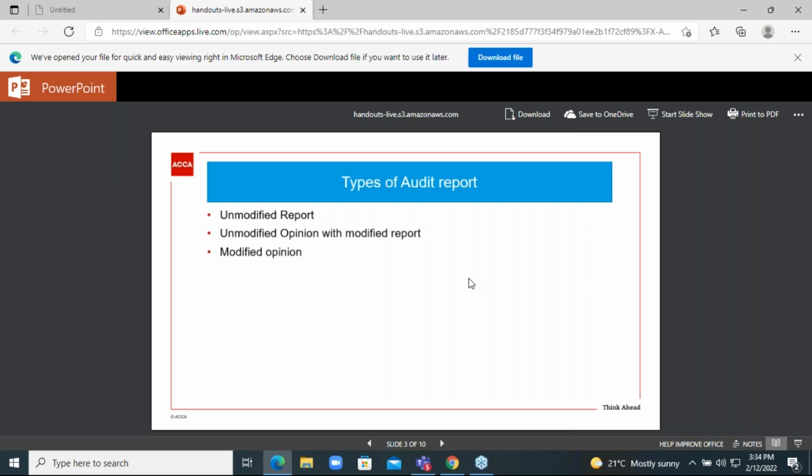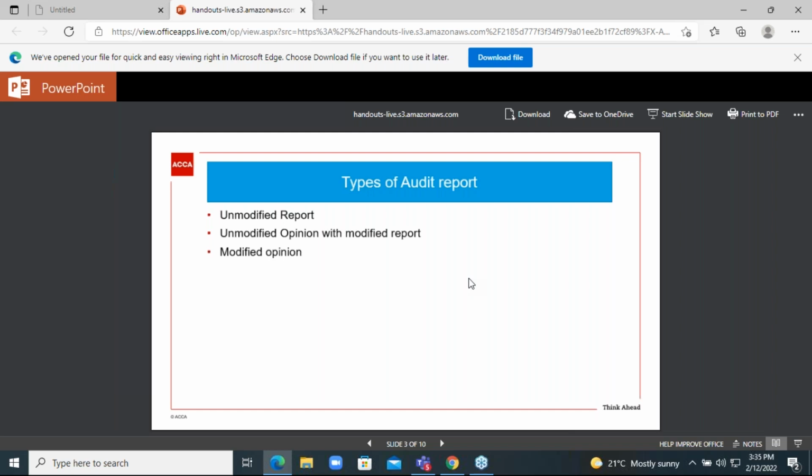If management adjusts the misstatements, then everything is okay and we will issue an unmodified report. But in case they are not going to adjust that misstatement, then we are going to communicate this to management and then to those charged with governance. And we will consider its impact and change our audit report.